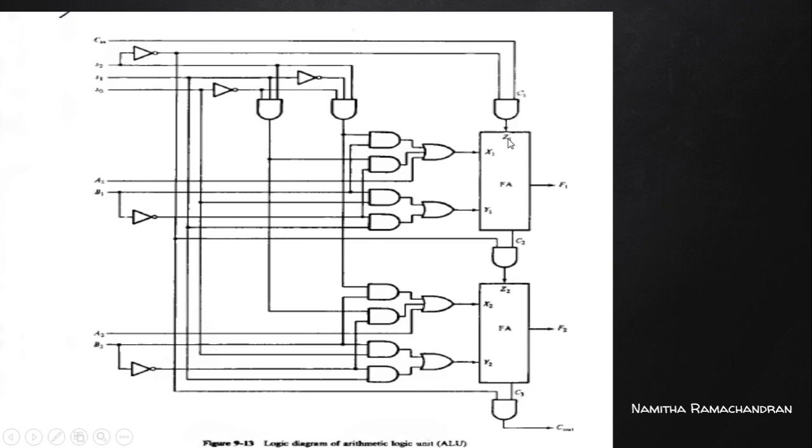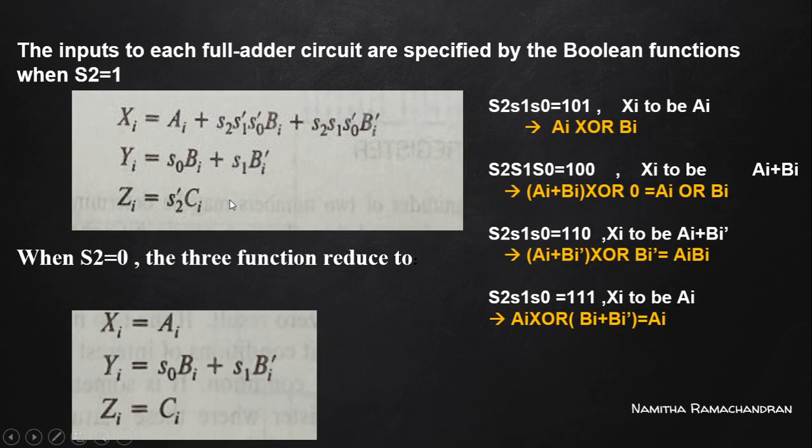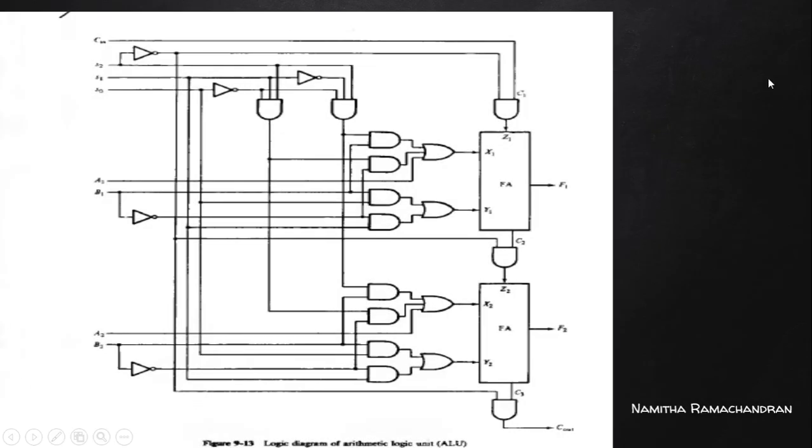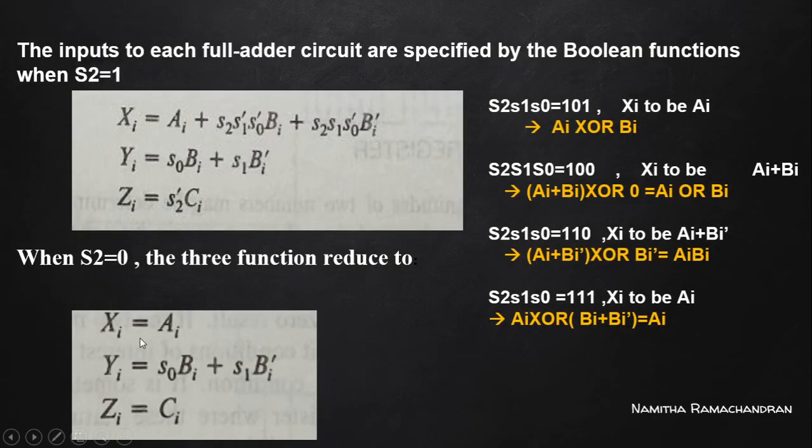Okay, and this Zi input is connected based on this value. Okay, so this is the complete circuit diagram for our arithmetic and logic circuit together. Okay, and this is marked here based on this given expression.